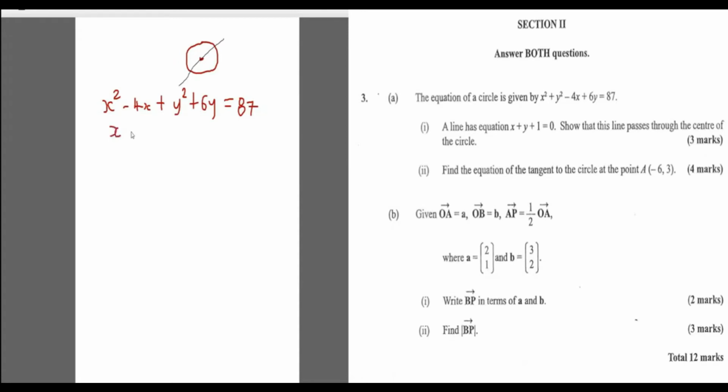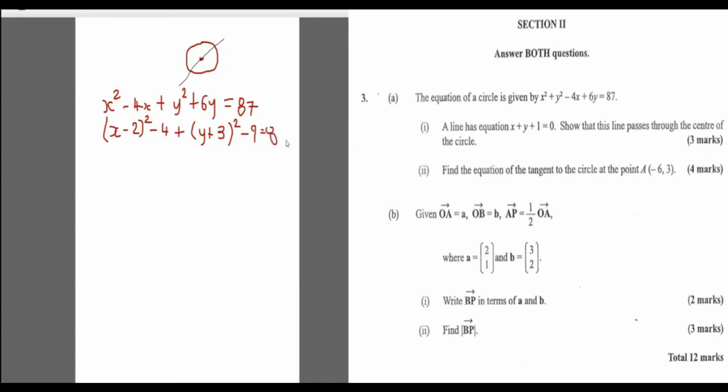This part becomes x minus 2 all squared, and we subtract 2 squared, which is subtracting 4, plus we complete the square for the y terms to get y plus 3 squared, and then we subtract 3 squared, which is subtracting 9, and that's equal to 87.